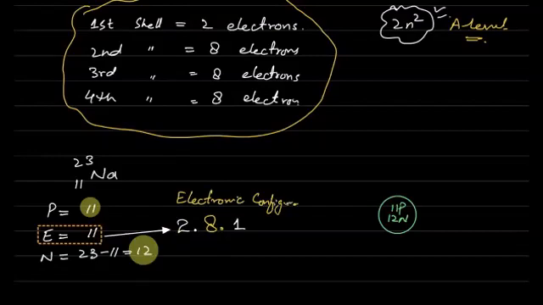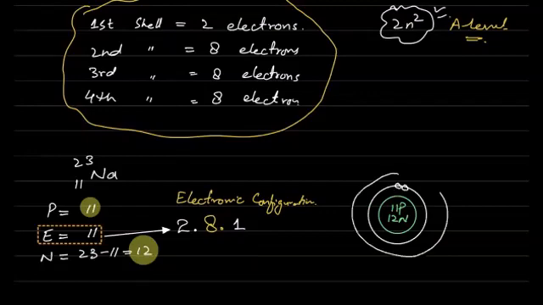If the examiner asks you for the electronic configuration, you will write 2, 8, and 1. If the examiner asks you to draw the structure, we will draw it like this. The first shell can accommodate a maximum of 2 electrons. This is the first shell, 2 electrons. The second shell can accommodate a maximum of 8 electrons.